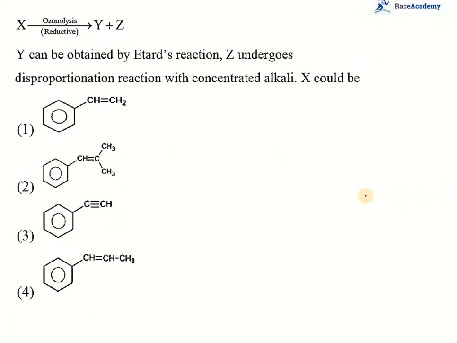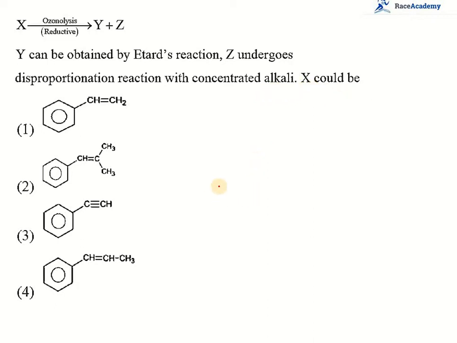Next question. X gives rise to Y plus Z, ozonolysis is happening. That means in these options we have a double bond, unsaturated compounds giving carbonyl compounds. It's very clear. Y can be obtained by Etard reaction and Z undergoes disproportionation reaction with concentrated alkali.